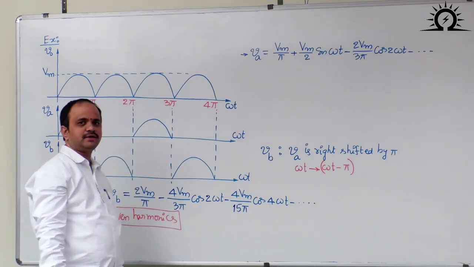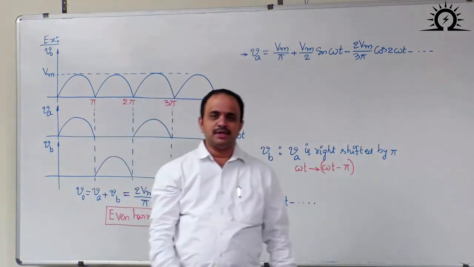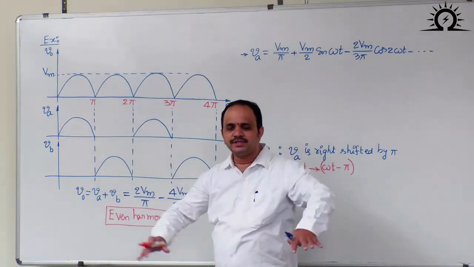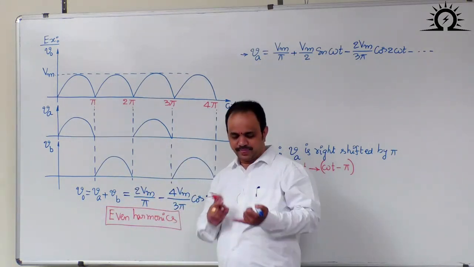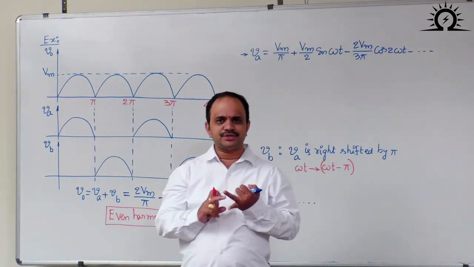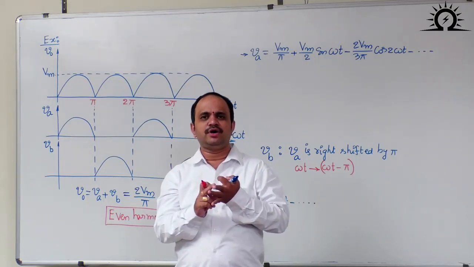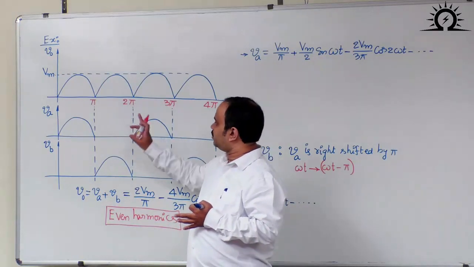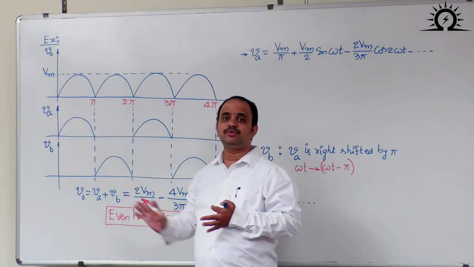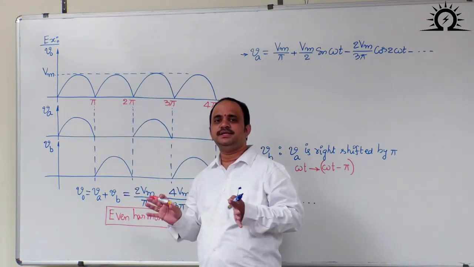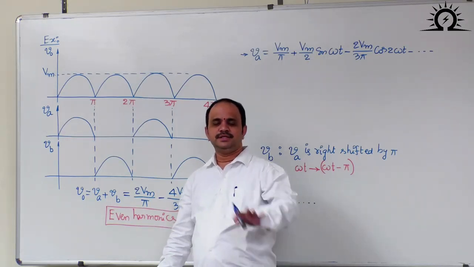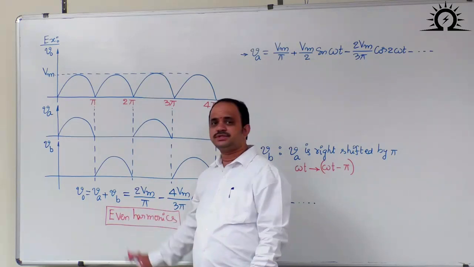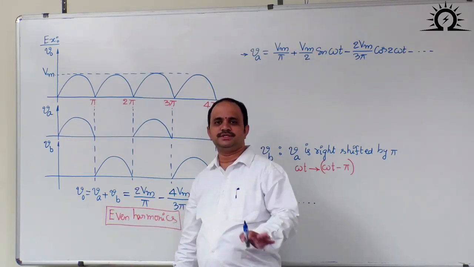So the output voltage of these types of waveforms contains even harmonics. If I consolidate all of these things, square, delayed square and quasi square waveforms contain odd harmonics. Half wave and full wave rectified output waveforms contain even harmonics. Right? This is the harmonics discussion, and with this we can close it.